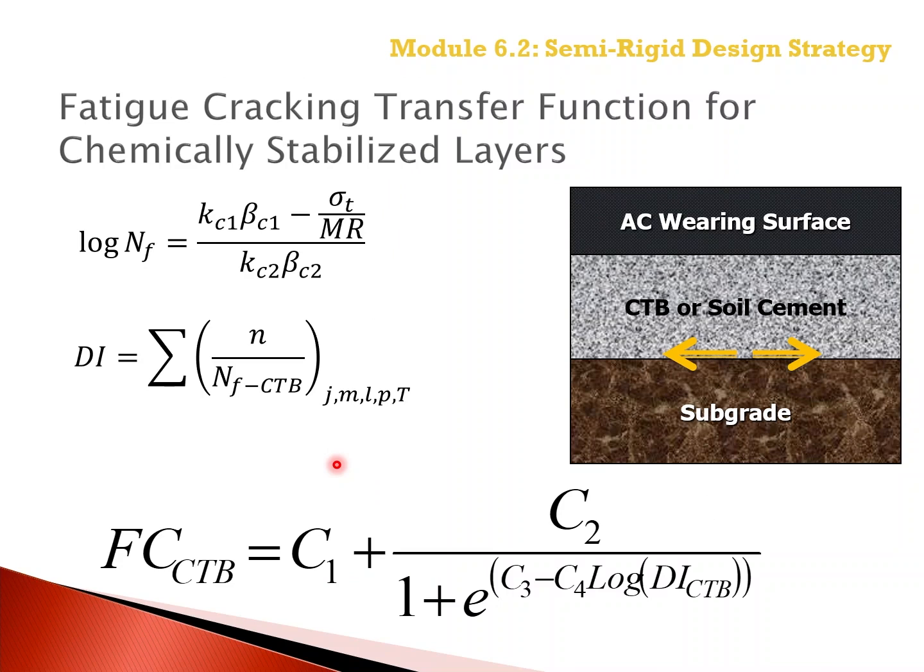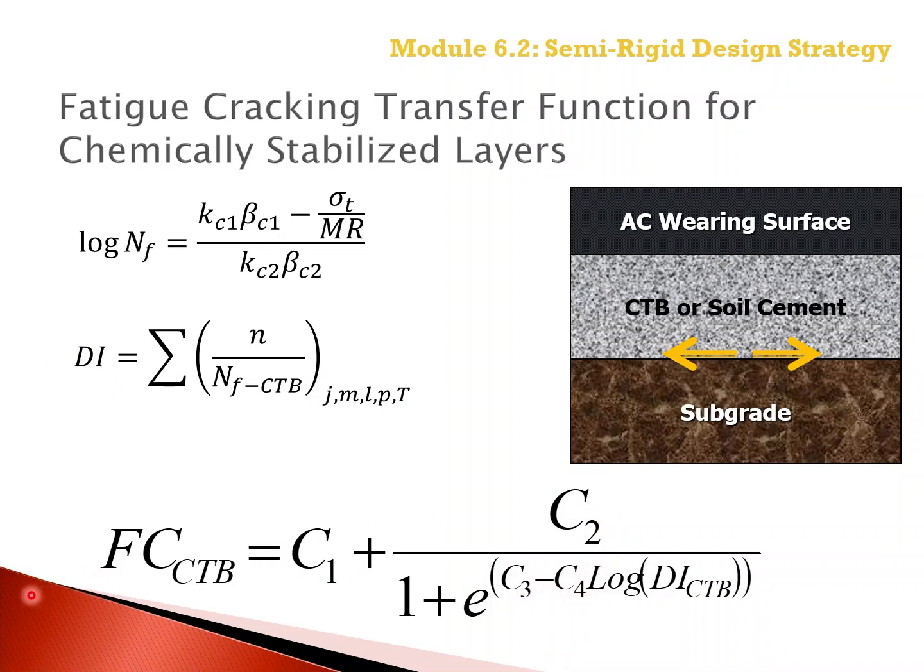So now let's move to the transfer function for chemically stabilized layers. Obviously, it's a function of the damage index of the chemically stabilized layer, the accumulation of the damage index throughout the life of the pavement, and the calibration coefficients C1, C2, C3, and C4.